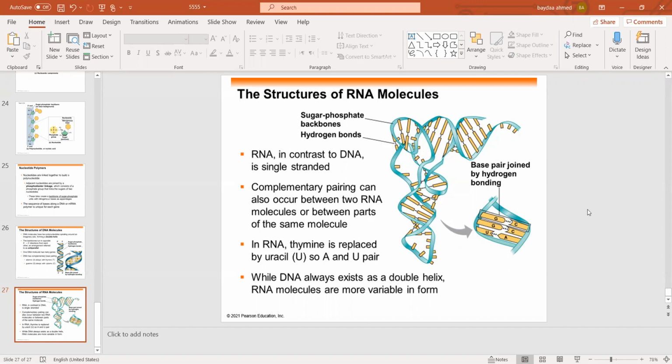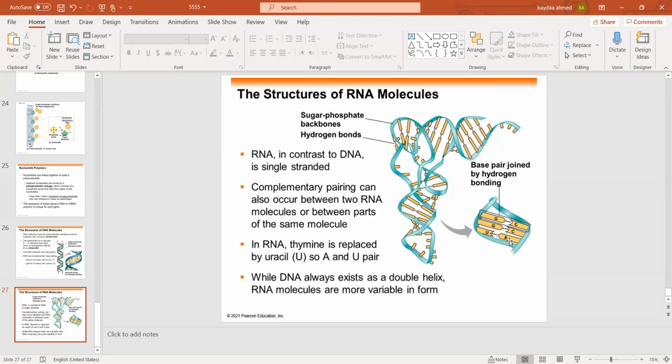Complementary base pairing can occur, however, between regions of two RNA molecules, or even between stretches of nucleotides in the same RNA molecule. Pairing within an RNA gives it a three-dimensional shape necessary for its function.